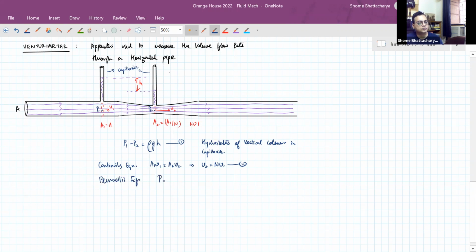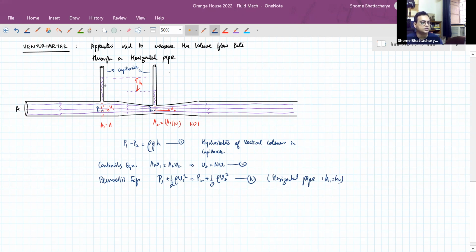So we have P1 plus half rho V1 square is equal to P2 plus half rho V2 square, because we are in a horizontal pipe. So H1 is equal to H2 at the 2 points that we are considering.